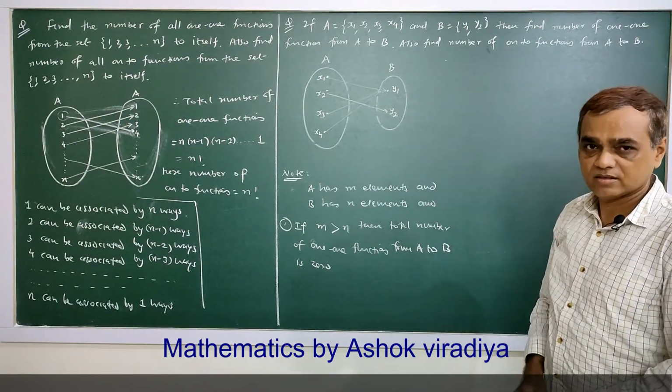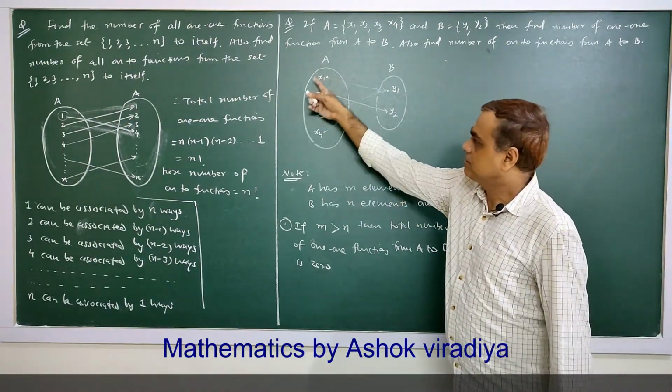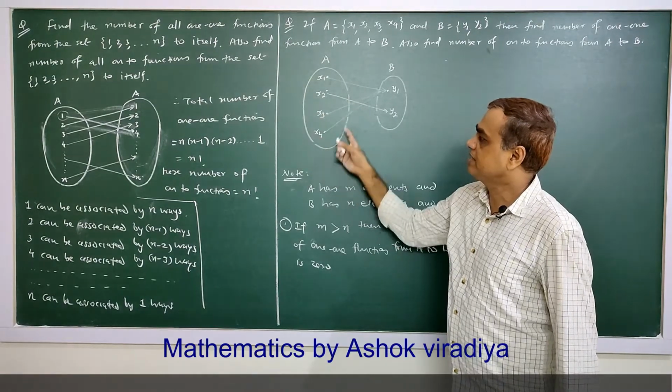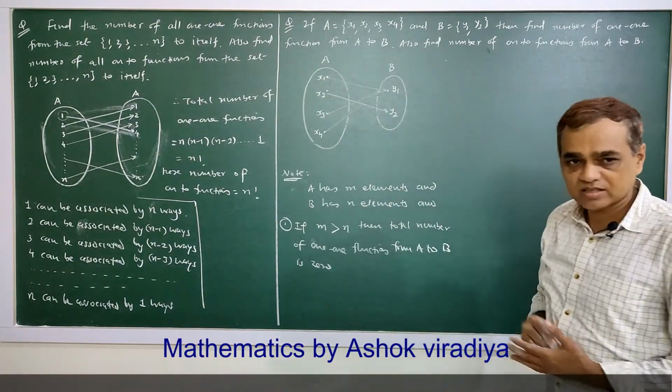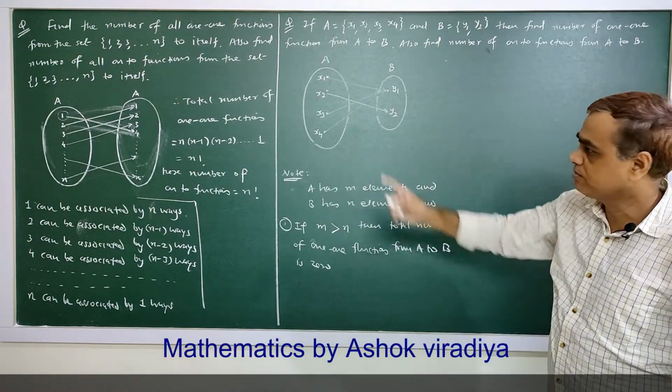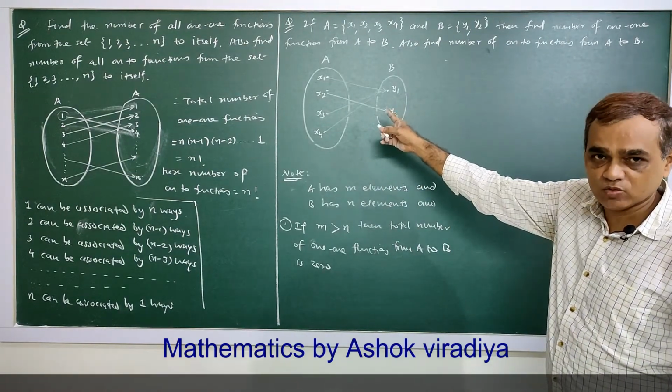So say here in this question, in set A the number of elements is more than that in B, so the number of 1-1 functions is 0.